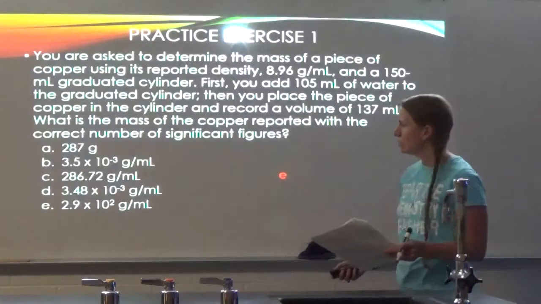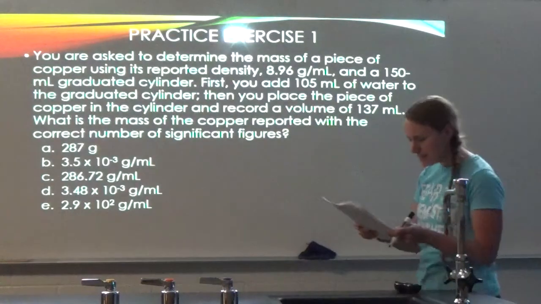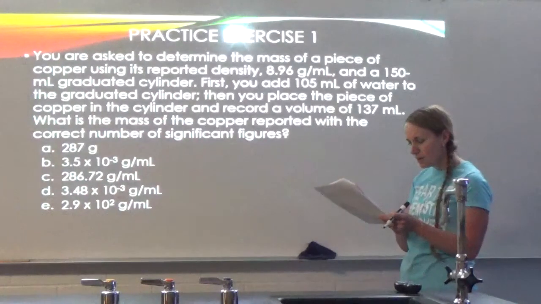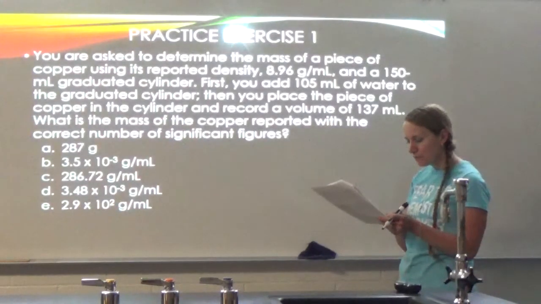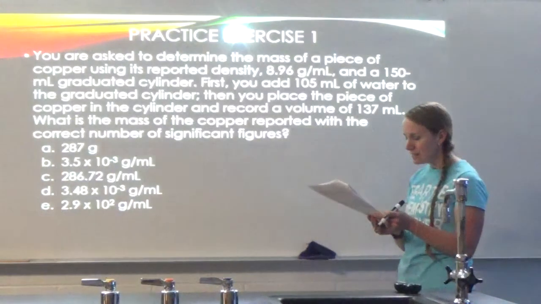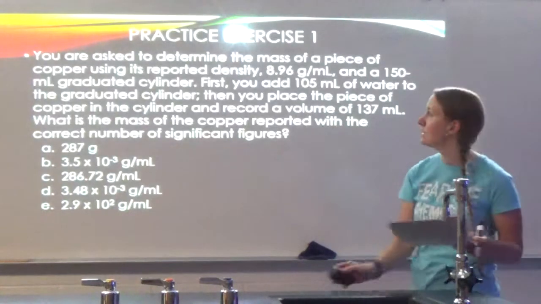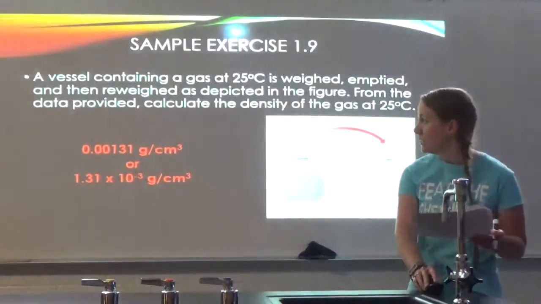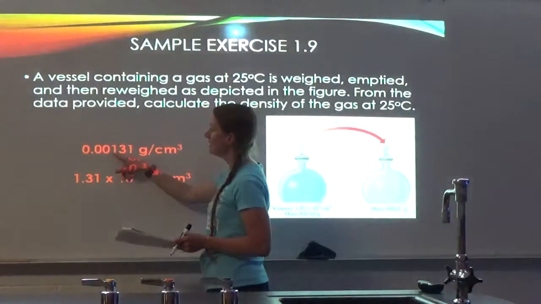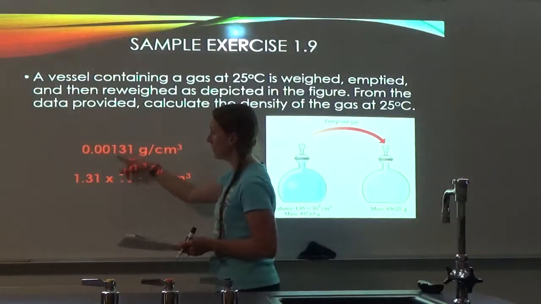All right, so it's saying that if the mass of the container was measured to 3 decimal places before and after pumping out the gas in the sample exercise. Okay, so let me go back one more. So here, if you look, our density, we could go out 3 significant figures for our density right here.